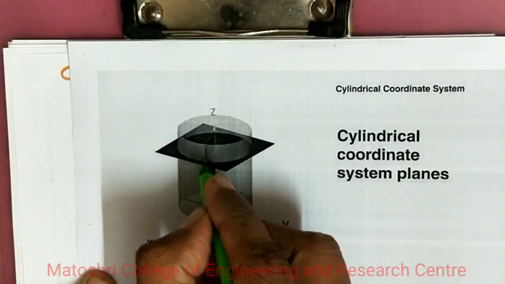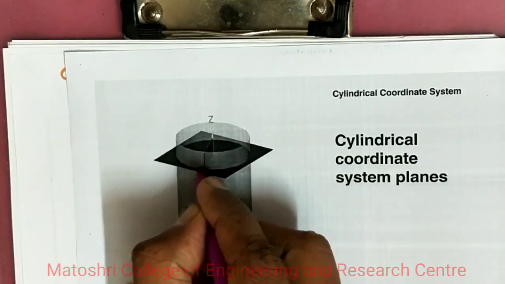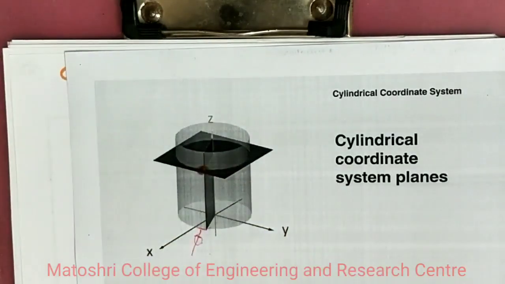Rho constant, the radius of the cylinder is constant; then z is constant, the height of the cylinder is constant; and then the angle measured by the half plane with respect to the x axis is maintained constant.